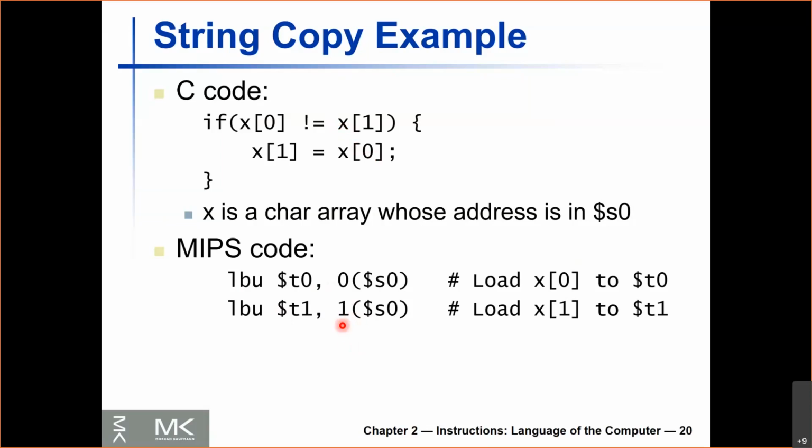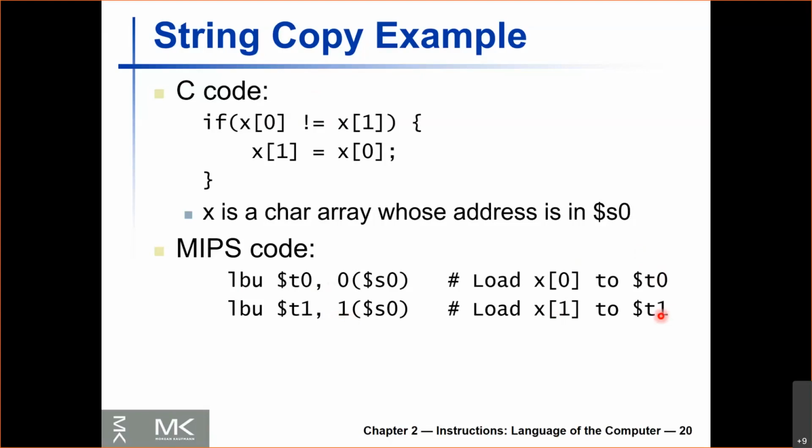The offset was 4 because the word at index 1 is 4 bytes away from the base register. However, in this case, since this is an array of characters or bytes, an index of 1 corresponds to an offset of 1 in the instruction. So now we've loaded x[0] to t0 and x[1] to t1.